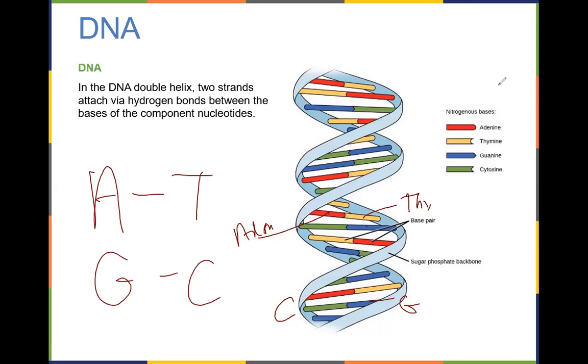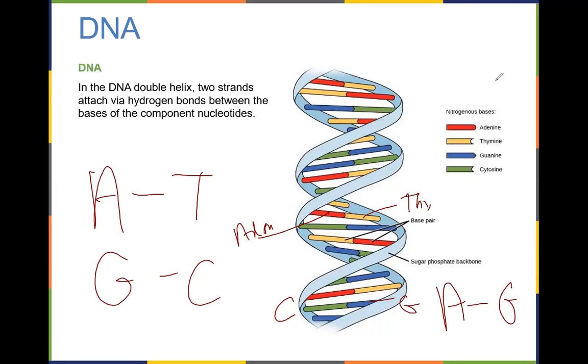And if a mistake does occur, for example, where adenine pairs to guanine, our DNA has enzymes that travel up and down the strands and look for mistakes like that and slice them out and replace them with the proper base. So when we say that it always pairs like this, it pretty much always does.